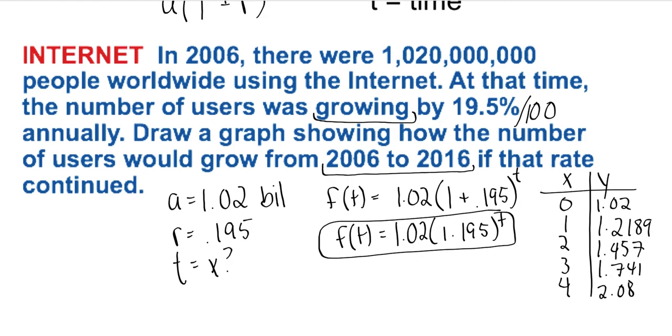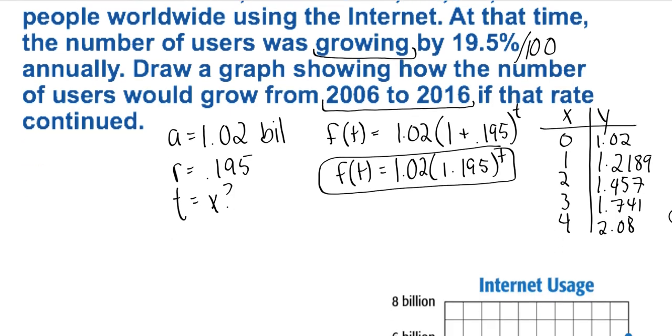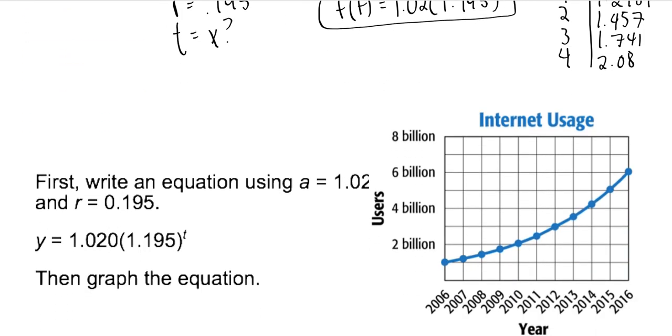If we plug stuff in, we get those numbers. And if you wanted to get a little bit more separation here, this says to go from 2006 to 2016, so what you could have done is go by twos: 0, 2, 4, 6, 8, 10. I just went from 0 to 4 for the sake of time. But our graph is going to look like this. And if you're looking for the general graph, that's this.